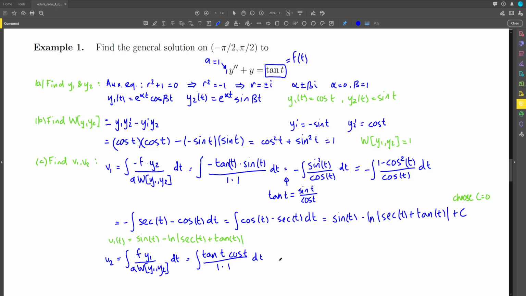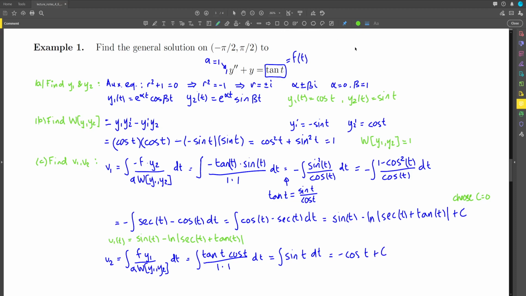And fortunately for us, that simplifies a lot. If we use tangent of t as sine of t over cosine of t, we see that the cosine of t cancels out. And so this is just the antiderivative of sine of t, and that is equal to negative cosine of t plus a constant of integration.